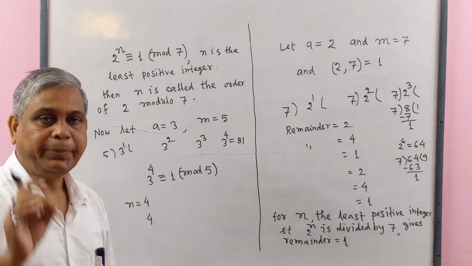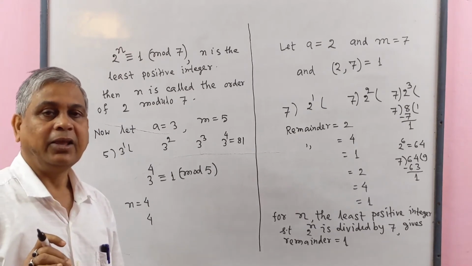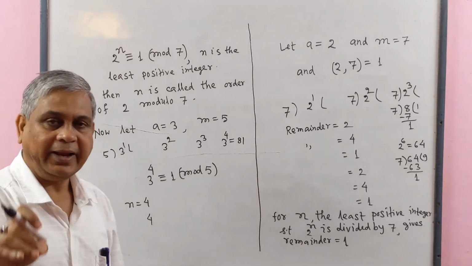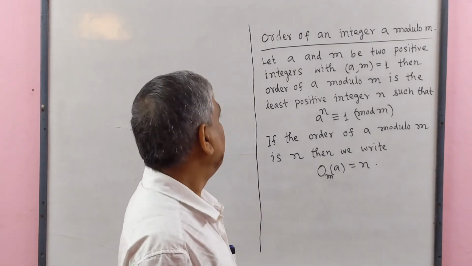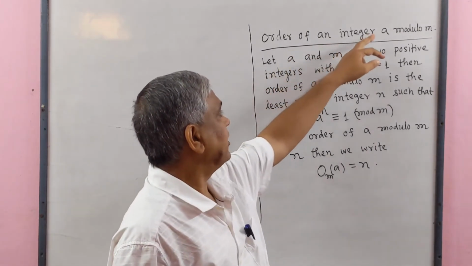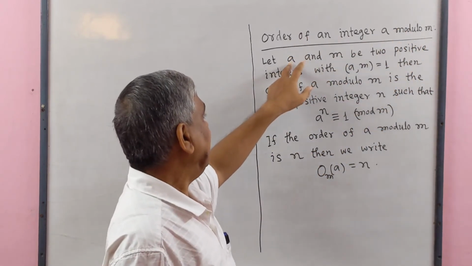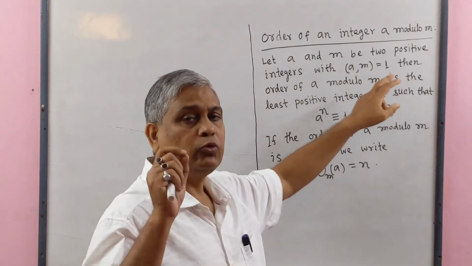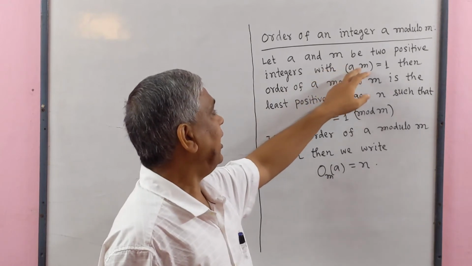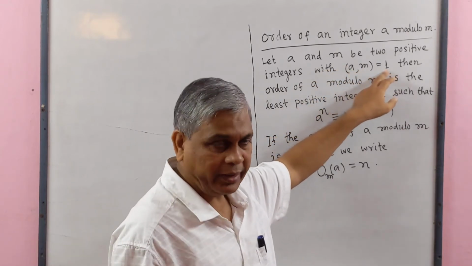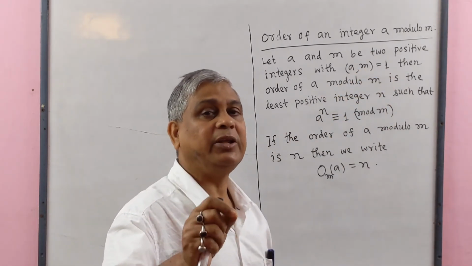Now we define the order of an integer a modulo m. Let a and m be two positive integers with GCD of a and m equal to 1. That is, a and m are relatively prime integers.